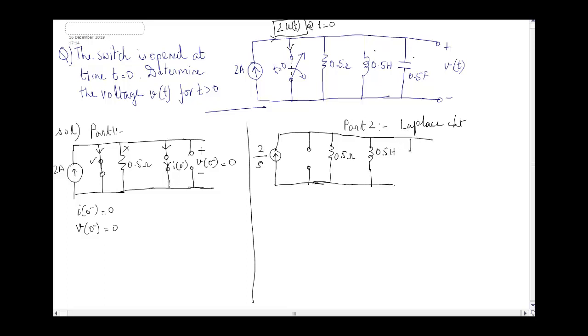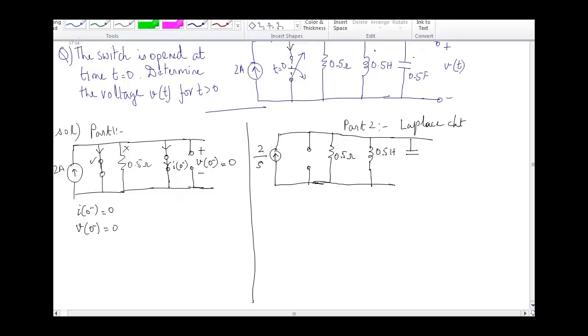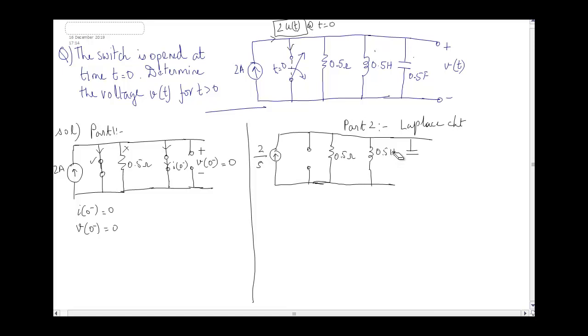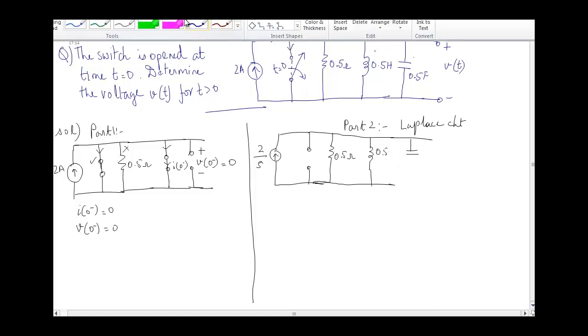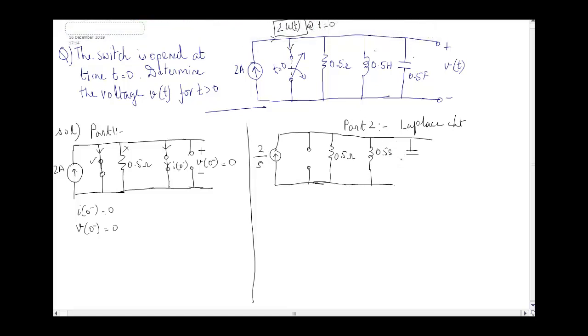And then we have the capacitor, 0.5 F, so I can write 1 divided by 0.5 s, which is equal to 2 by s. Then we take the voltage across it, which will be our capital V of s.